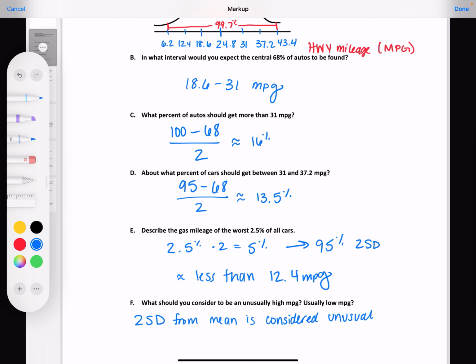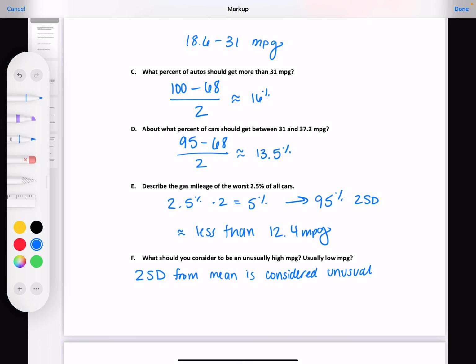So with that being said, what miles per gallon would we consider unusually high? 37.